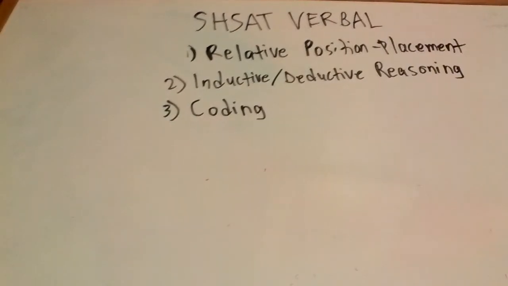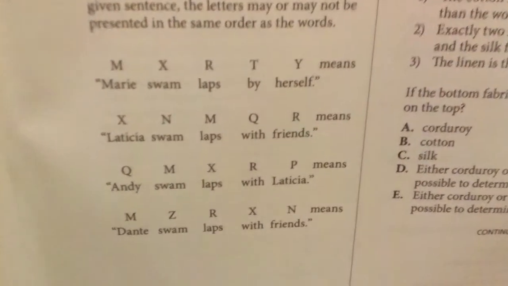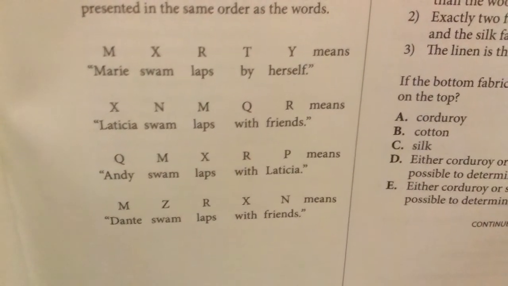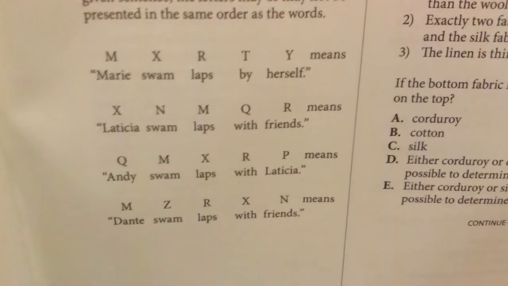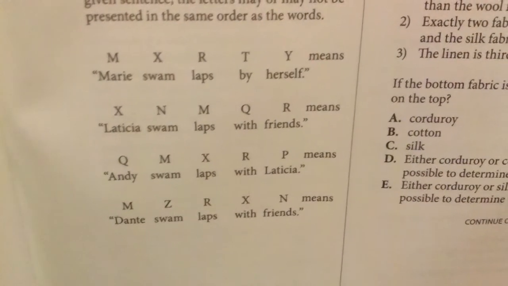Alright, we're using the McGraw book here now. Alright, so if someone says something like, here we go. Look at a question like this one. See, you have 4 sentences, right?